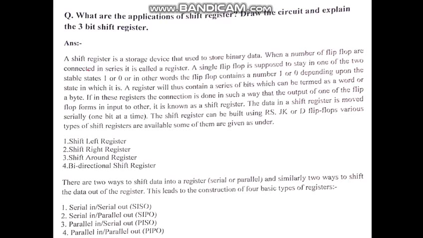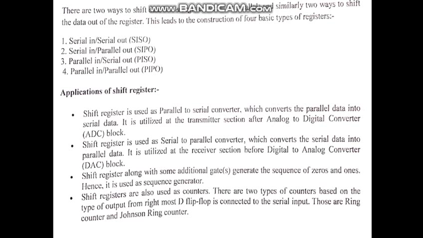This leads to the construction of 4 basic types of register: serial input serial output, that is SISO; serial input parallel output, that is SIPO; parallel input serial output, that is PISO; and parallel input parallel output, that is PIPO.